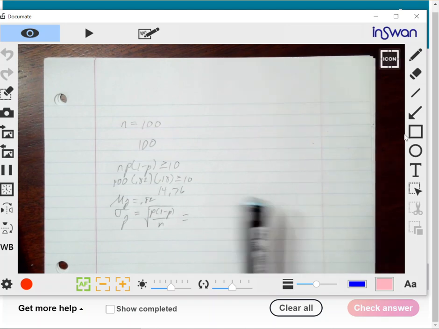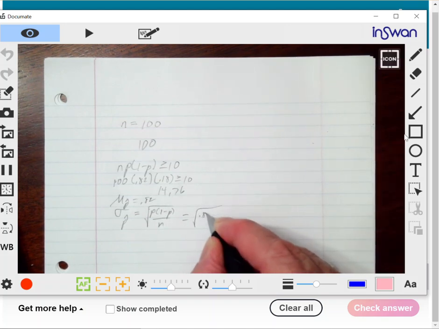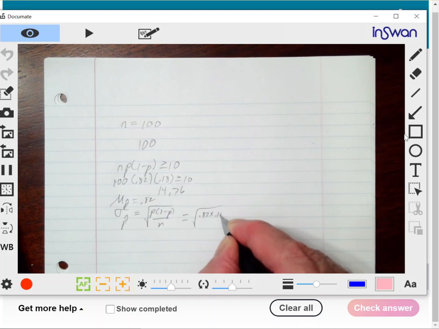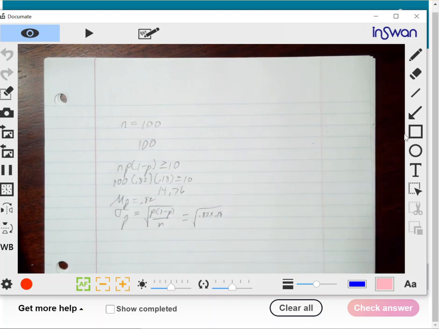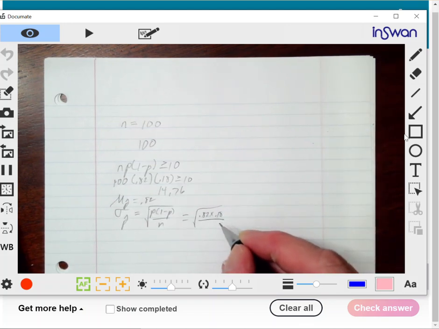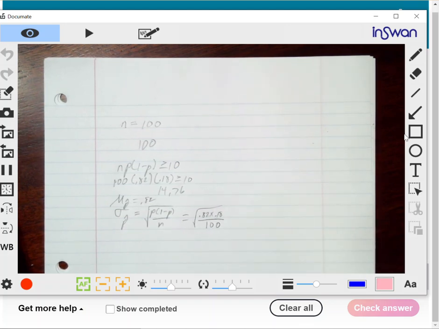All right, so we've got the square root of 0.82 times 0.18, which is 1 minus p, where p is 0.82, divided by n, which in this problem is 100. So let me go ahead and plug that into my calculator.